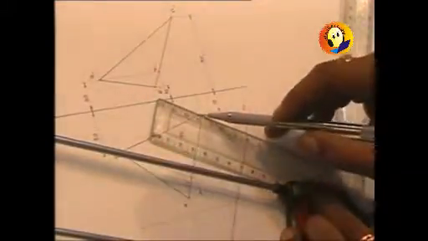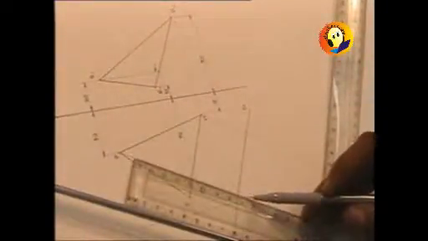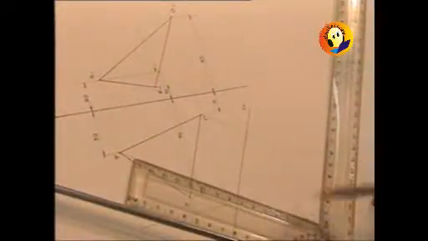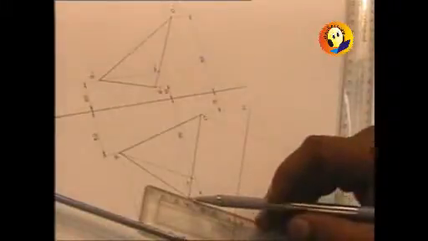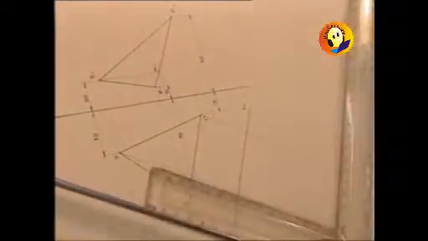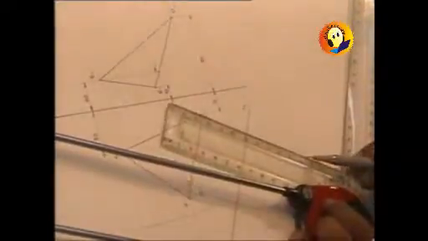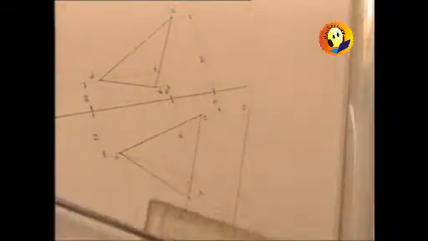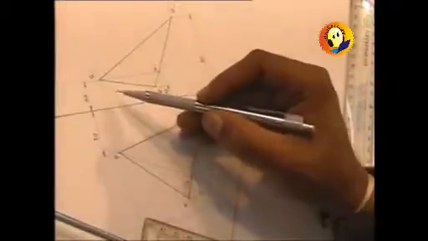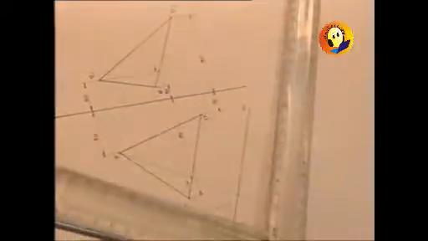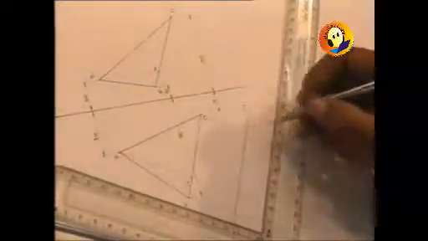We should draw projectors through point C as well as point A and D as well as point B. So we should draw the projectors through all the points of the plan, and then transfer the distances from the elevation on the respective projectors.